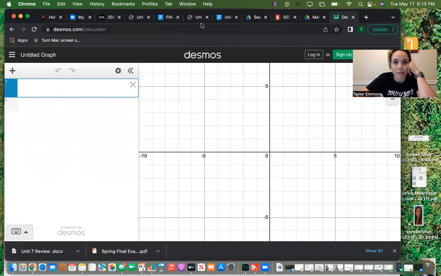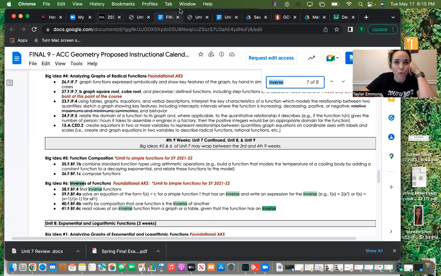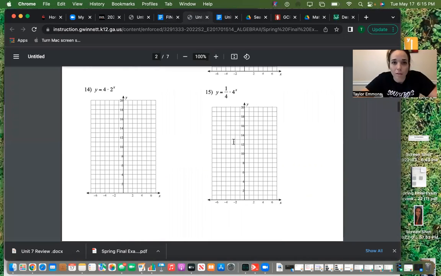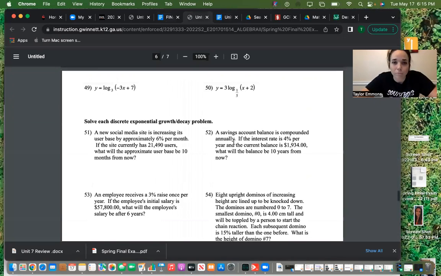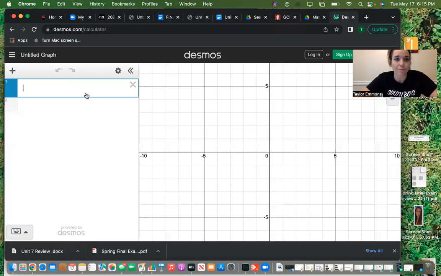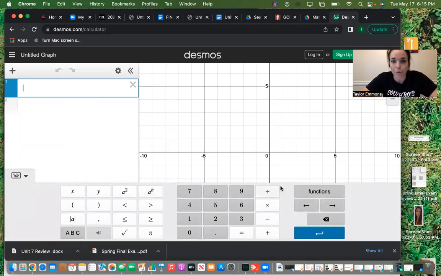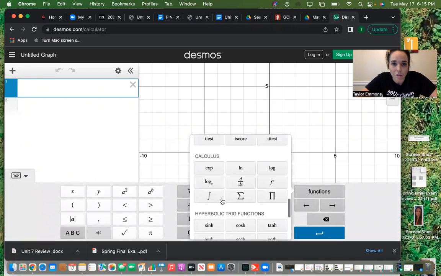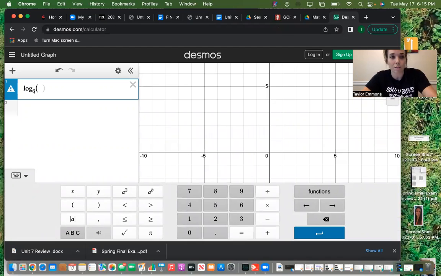Let's take what we got for this one. We're going to take log base 6 of 4x plus 10, and plug this into Desmos. We'll go functions, log base 6 of 4x, and I think it was plus 10.